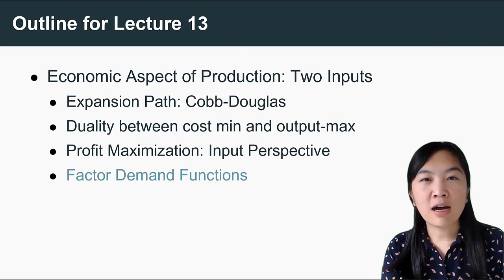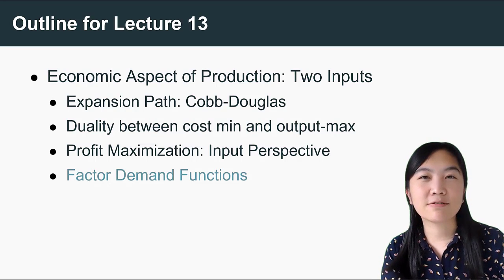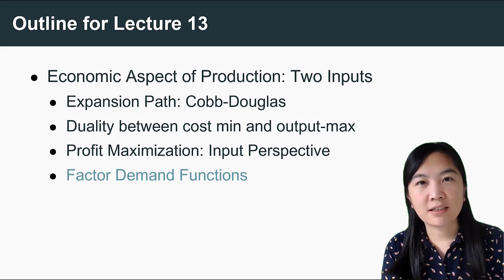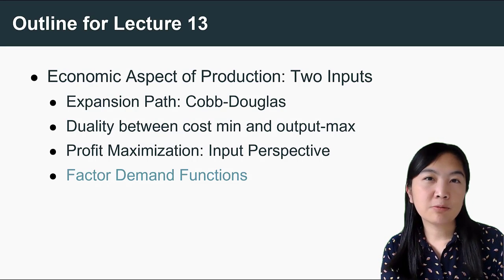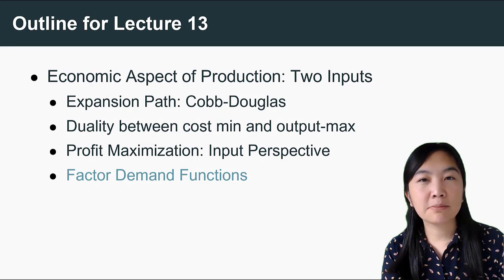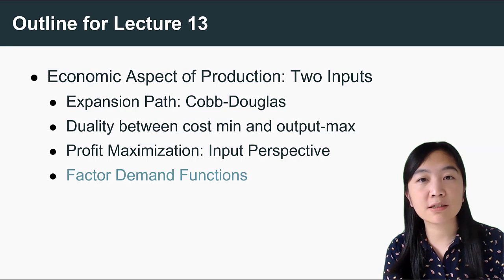And when we're finished with both of those, we will do the profit maximization from the input perspective for two or more inputs. Here, I also put one last bullet point, factor demand functions. That's what's going to come after today's lecture, so maybe for the next lecture.